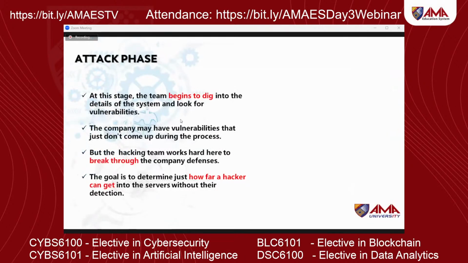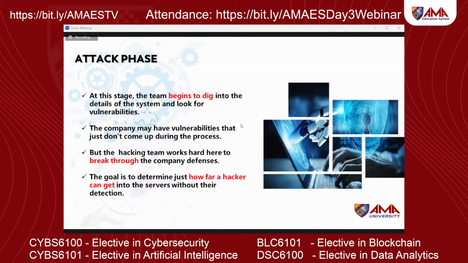And then we'll go to attack phase. Okay? So dito sa attack phase, at this stage, the team begins to dig into the details of the system and look for vulnerabilities. Now, the company may have vulnerabilities that don't just come up during the process. Meron at meron na biglang mabubulaga talaga yung company na meron palang mga weak spots dun sa aspect na yon.